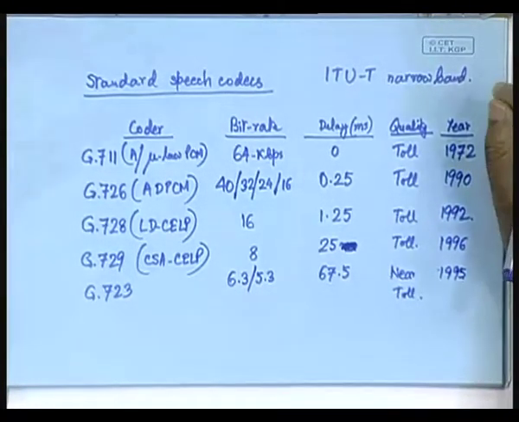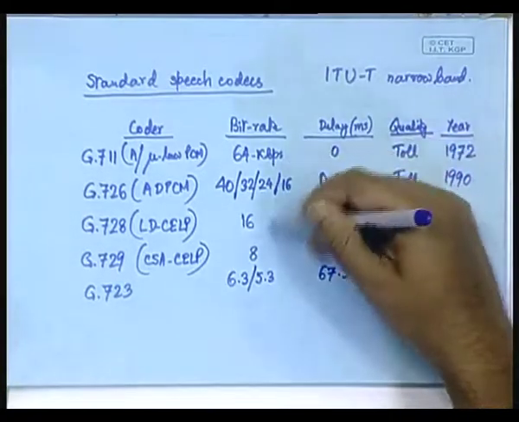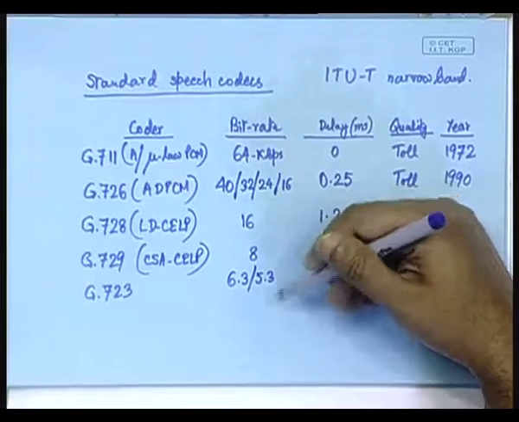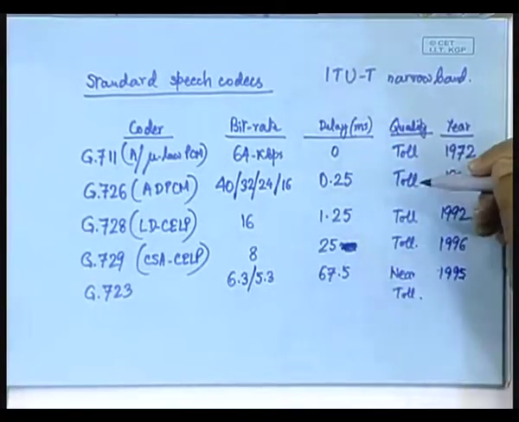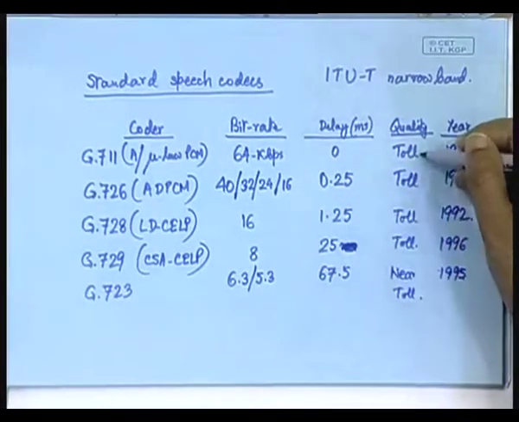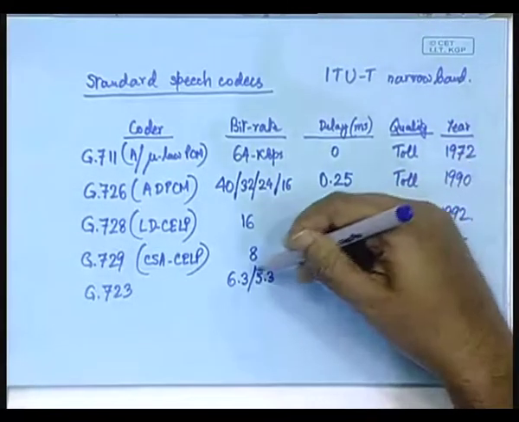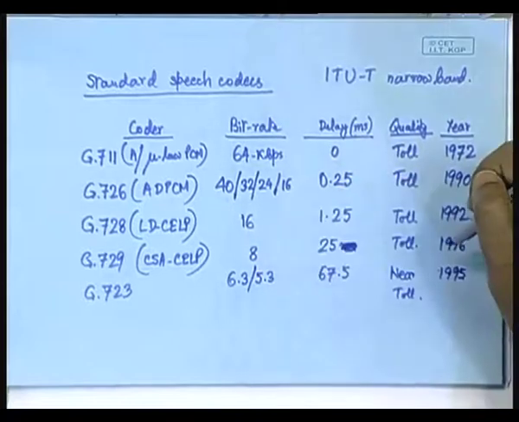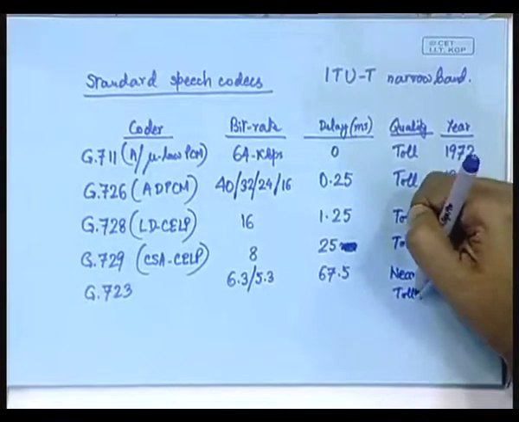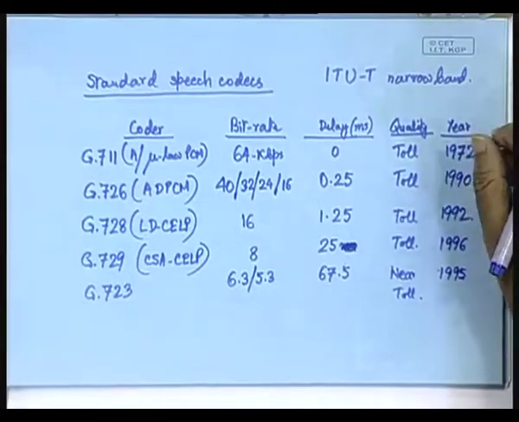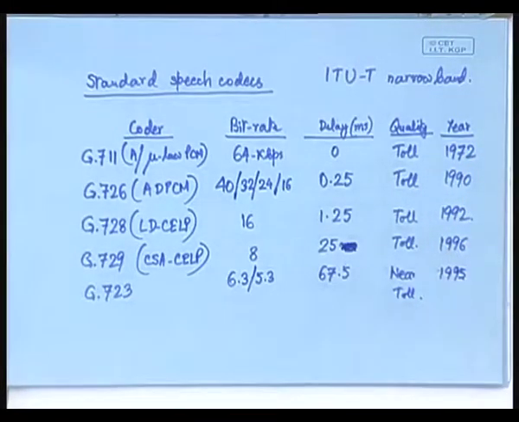So you can see that as we go for more efficient bit rate coders, the delay increases, and although till here we are able to maintain toll quality, anything below 8 kilobits per second, you are no longer able to give toll quality, but near toll quality.